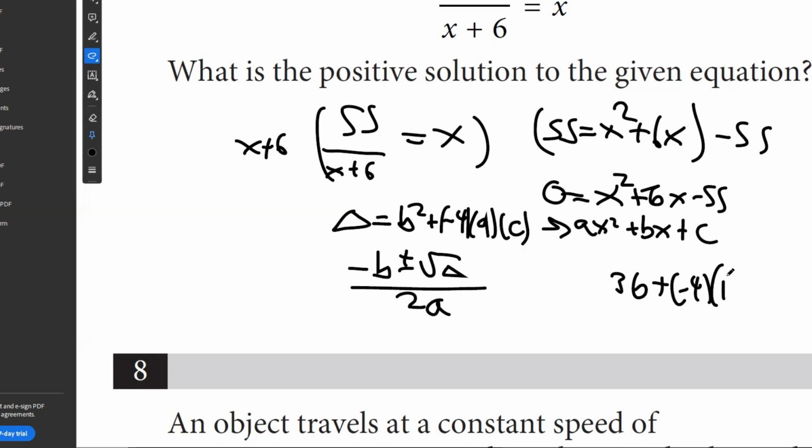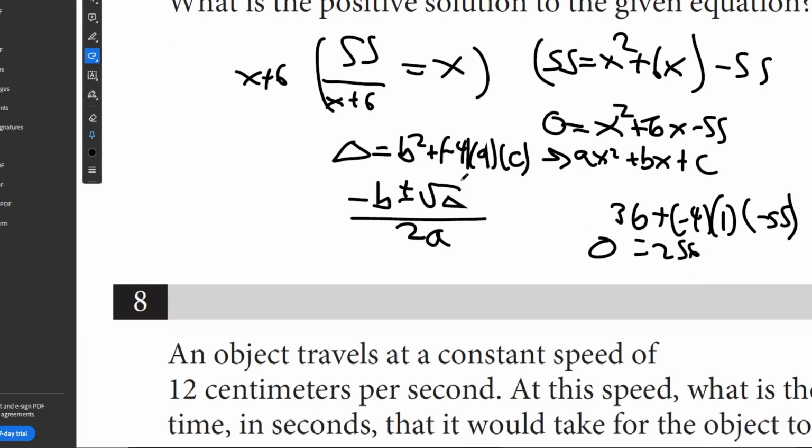A is 1, because it's just 1x squared, times c, negative 55. Let me just calculate this really quick. 36 plus, yeah, it's 256. Our delta is equal to 256.